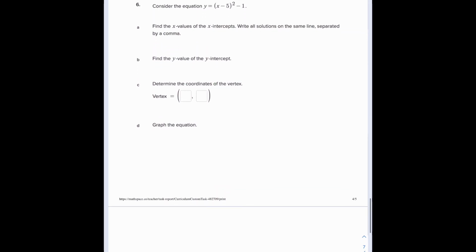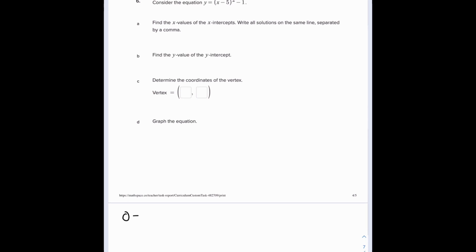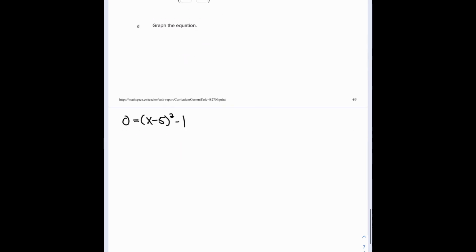So part A. Find the x values of the x-intercepts. When it asks us that, all we're going to do is set y equal to 0. So we have 0 equals x minus 5, quantity squared, minus 1. And now we want to solve for x. So we add 1. 1 equals x minus 5, quantity squared. And now we have to take the root of each side.